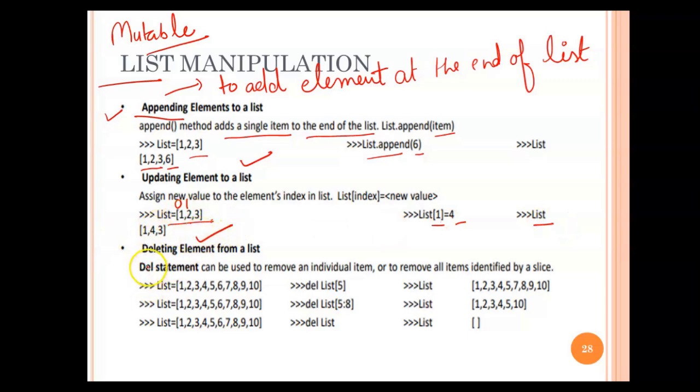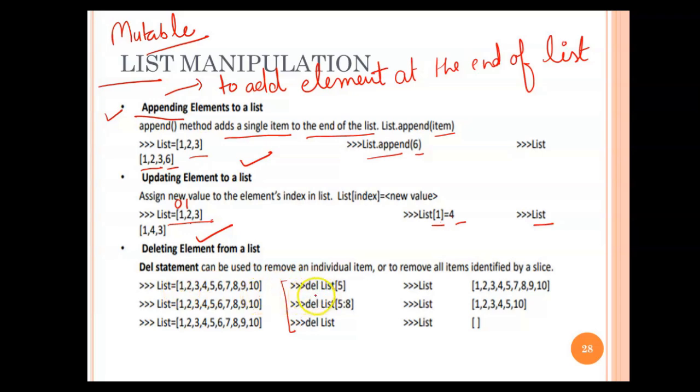Okay. Now the third one, deleting an element from a list. The del statement can be used to remove an individual item, or to remove all the items identified by a slice. Three different forms are given to use this del statement, so please check it properly. Suppose this is your existing list with elements from 1 to 10.